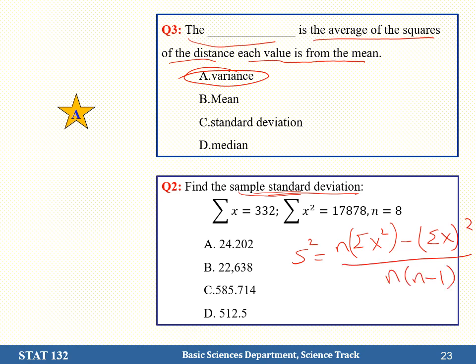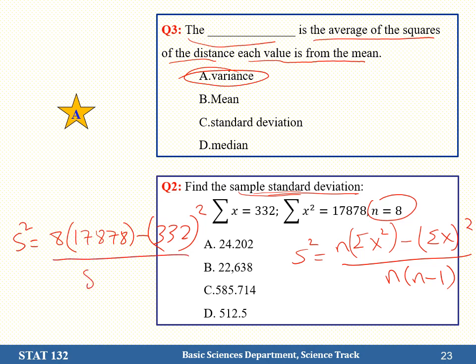So s squared will be equal to n, which is 8, 8 times 17,878 minus 332 squared, divided by 8 times 7. So if you use a calculator, you will find A.